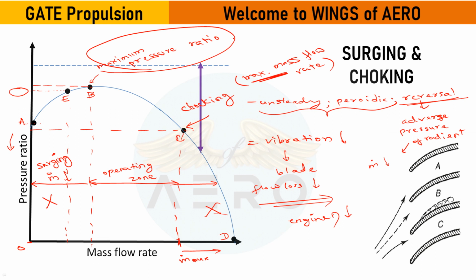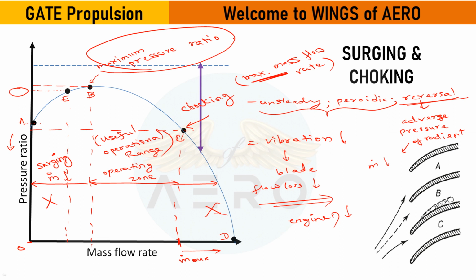Now what you have to remember are these important points. A to B is the zone of surging. B to C is the operating zone, or sometimes also called the useful operational range. They may ask you MCQ questions about the points for the useful operating range.